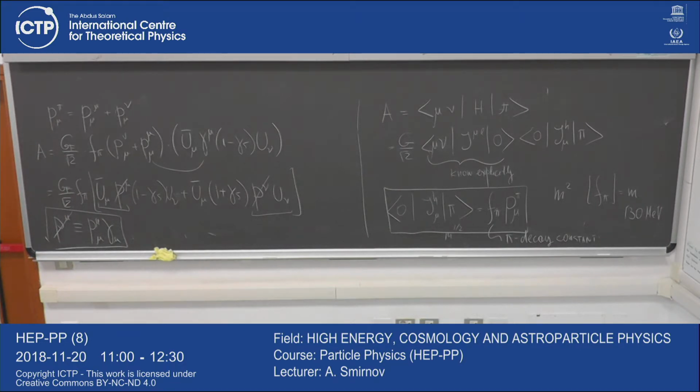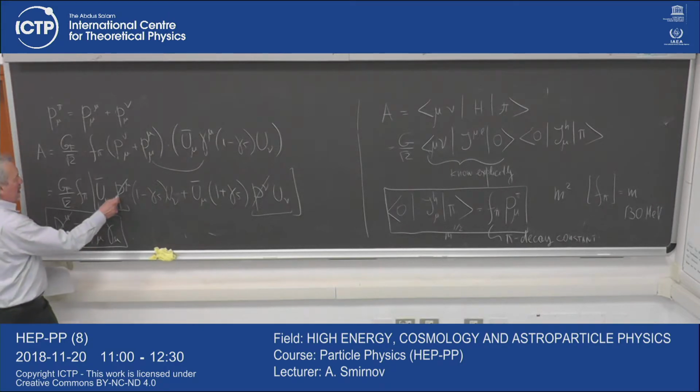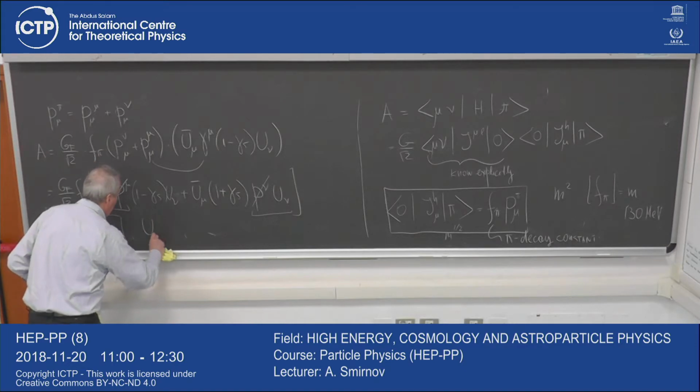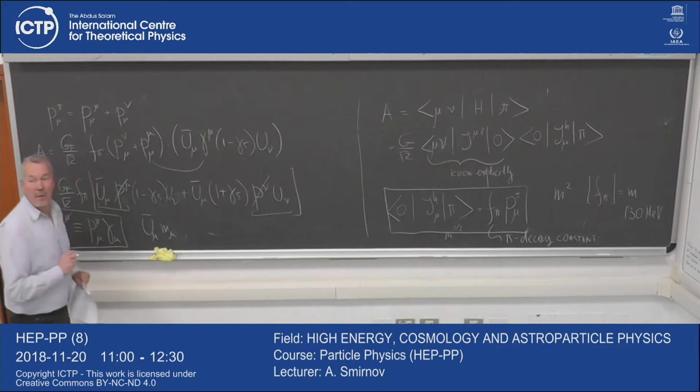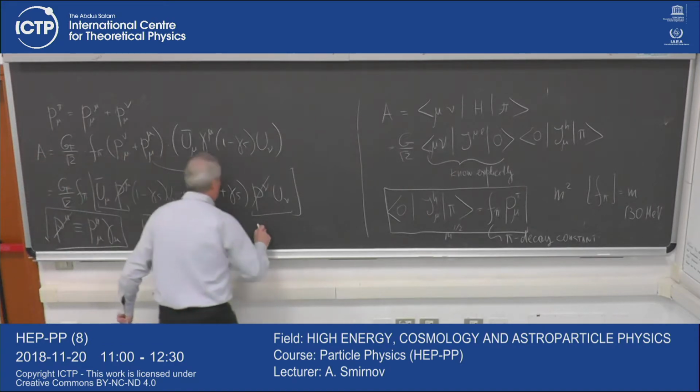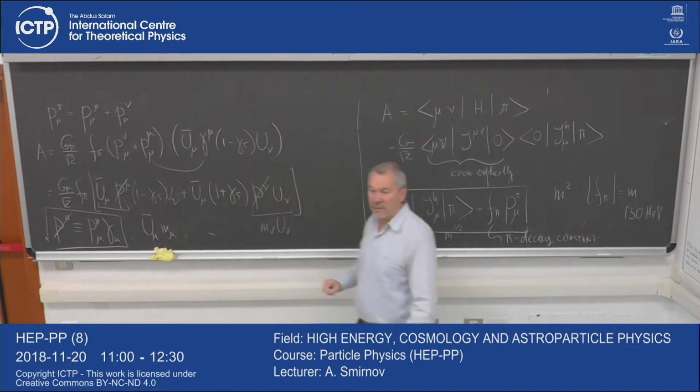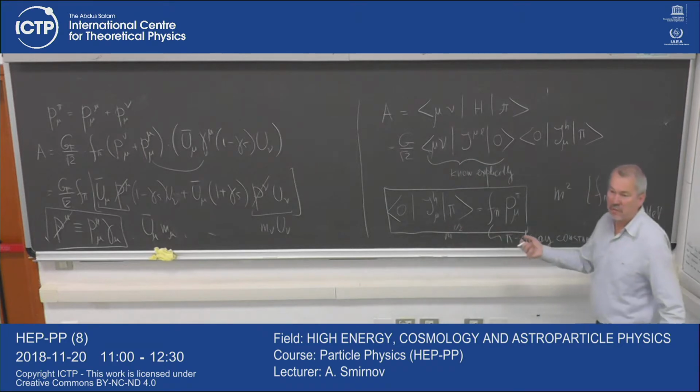Okay? Now what I do, I'm using the Dirac equation, right? So when this acts on this, what I will get is the mass of the muon times u_mu, right? And here I will get the mass of the neutrino times u_nu, just as a consequence of the equation.